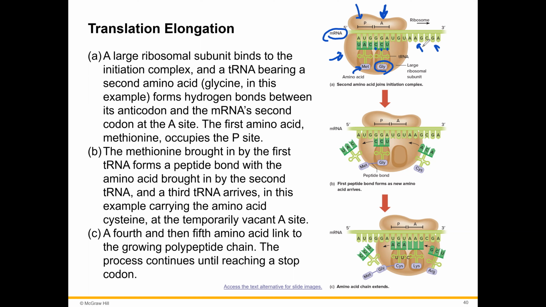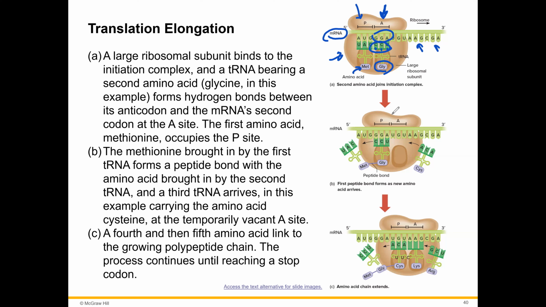It tries to attach itself here, can't, right? So it attaches itself at a specific area where we have a match between the codon and the anticodon. And this is our A site. So in this situation, it's glycine. So we have methionine and glycine.